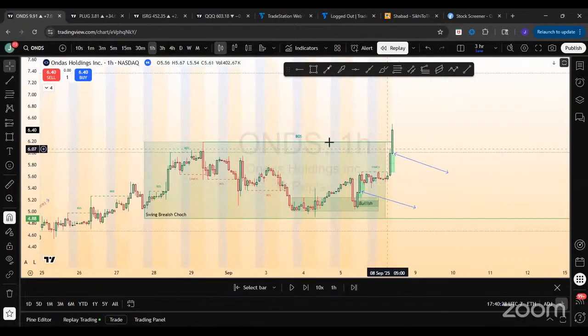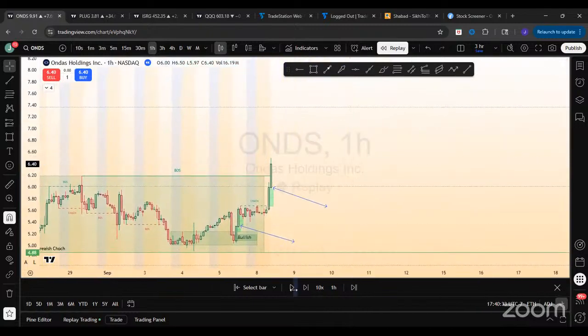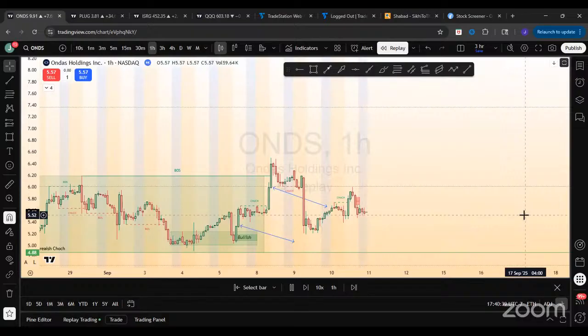And now with that, you also got your swing breaker structure, and you could have kept on holding for a few days. Retest again.